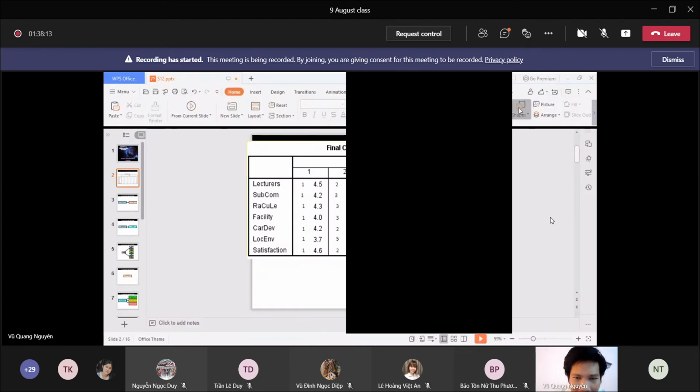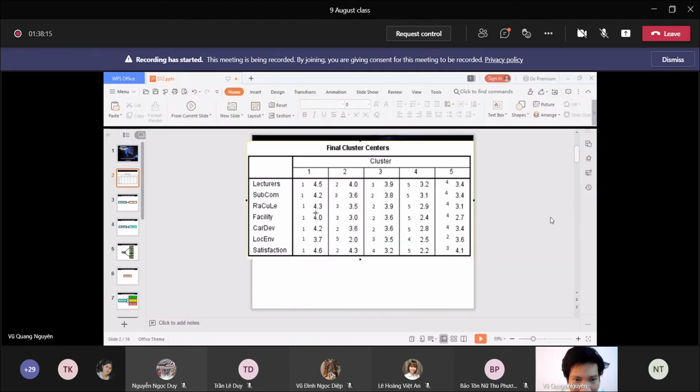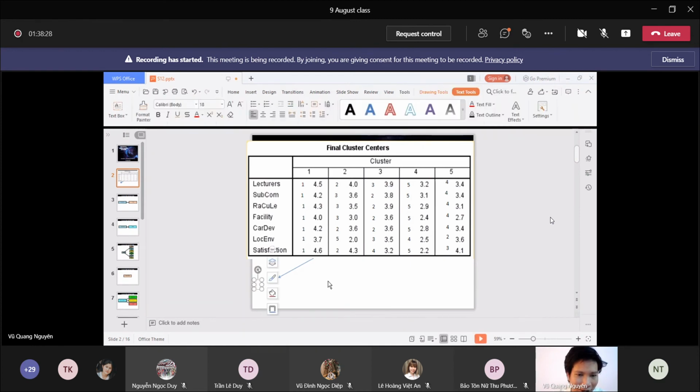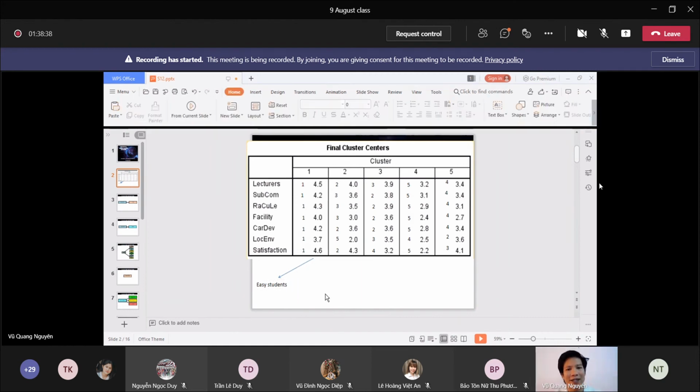What is the characteristic of cluster 1? Cluster 1 is people who are high in all aspects, right? And very much satisfied. I will say that cluster 1 here, the segment 1, is the segment of easy students. Why do I say they are easy?